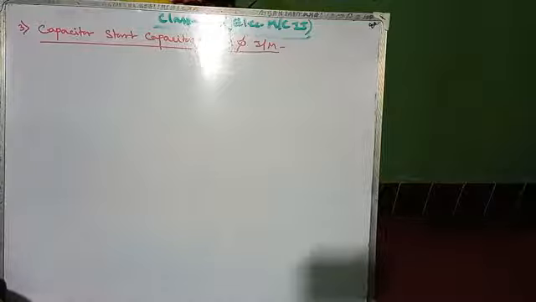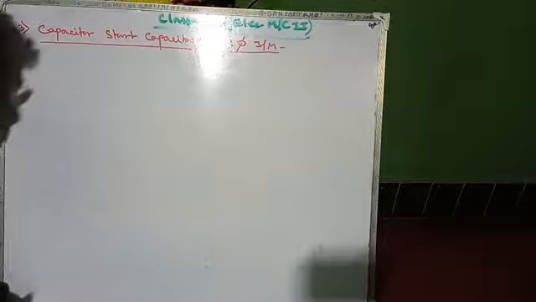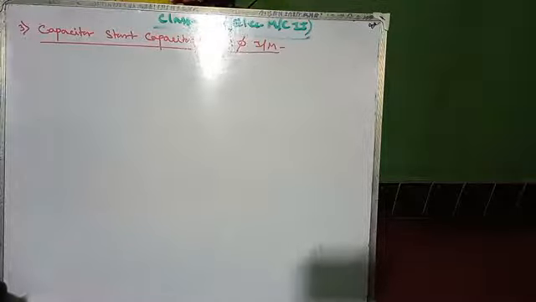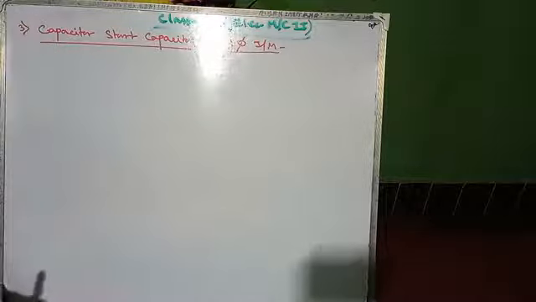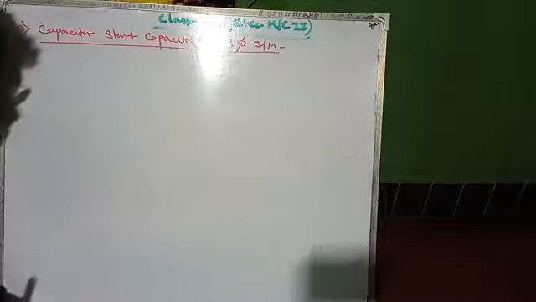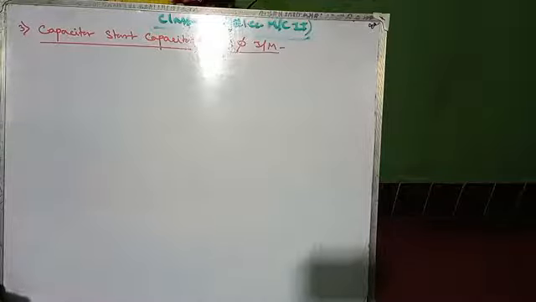That is, one capacitor is present only at starting time. After reaching 75% of the rated speed, it will cut out, and the other one, which is permanent, is present at running condition and is called the permanent capacitor. This permanent capacitor is always connected in parallel to the main winding.